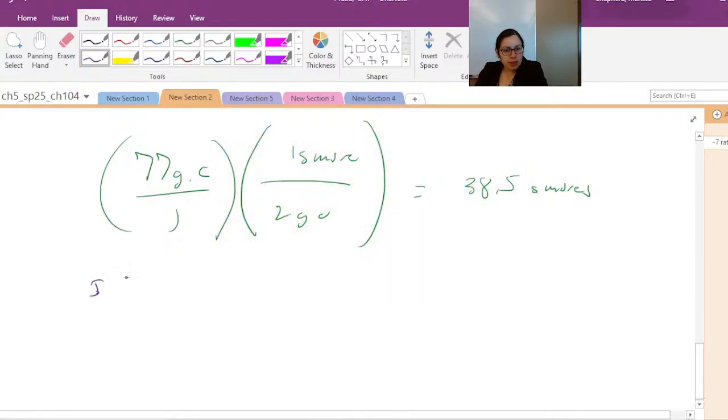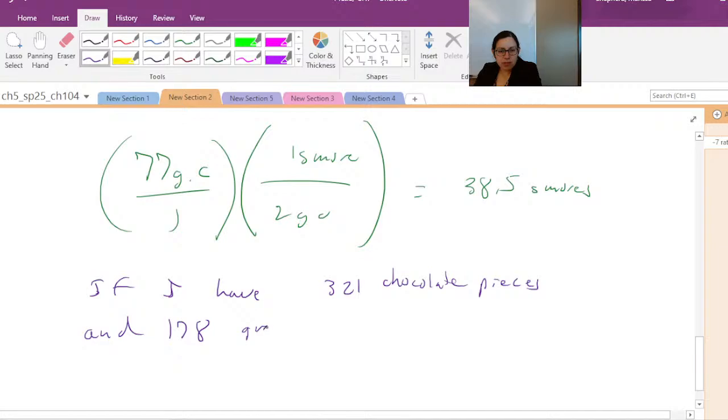So if I have 321 chocolate pieces and 178 graham crackers, and let's just say excess marshmallows, how many s'mores can I make?